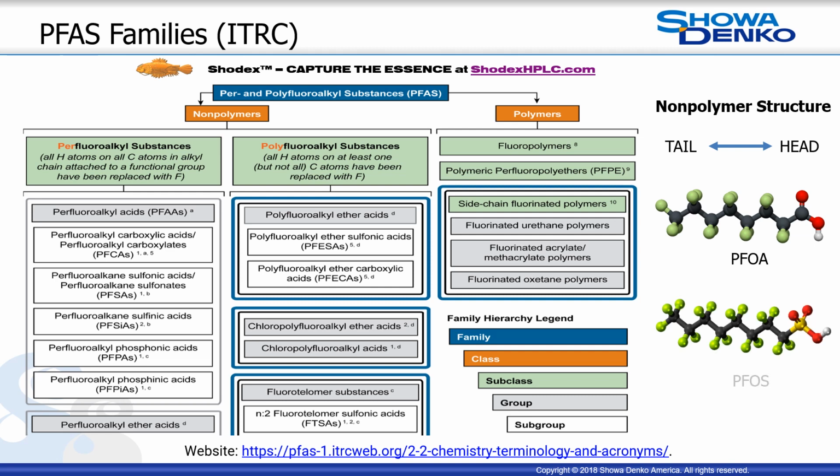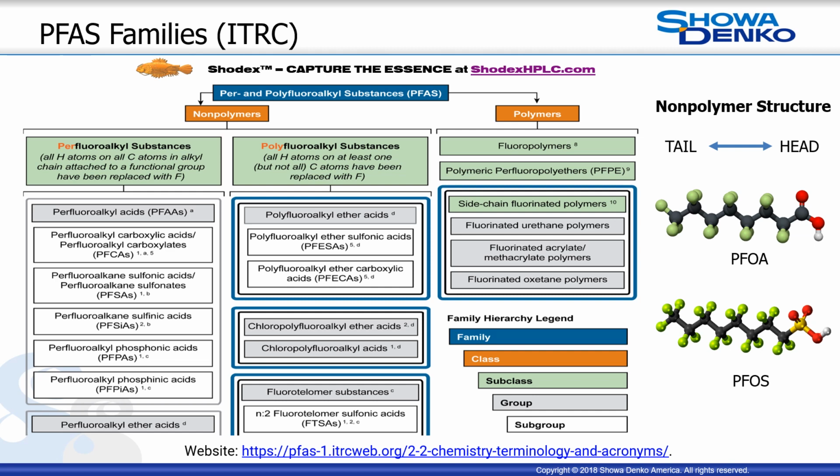The Interstate Technology Regulatory Council, or ITRC, defines two primary classes, namely polymers and nonpolymers. Polymer PFAS may contain a CH backbone with fluorinated side chains or other complex forms, whereas nonpolymers comprise either a molecule where each carbon is bonded with only fluorine atoms, or may contain at least one carbon-hydrogen bond within the backbone structure.